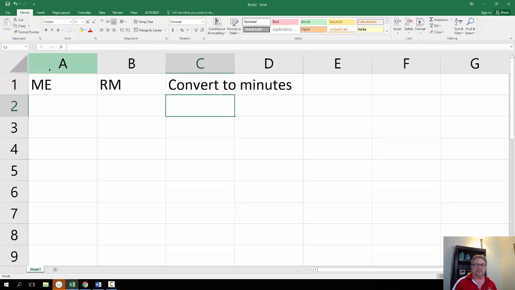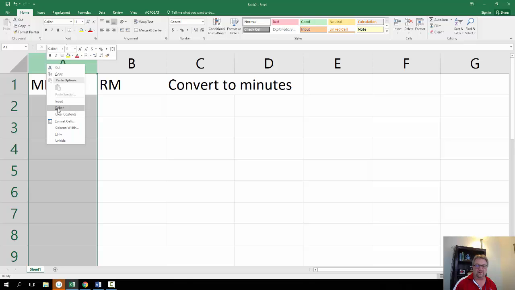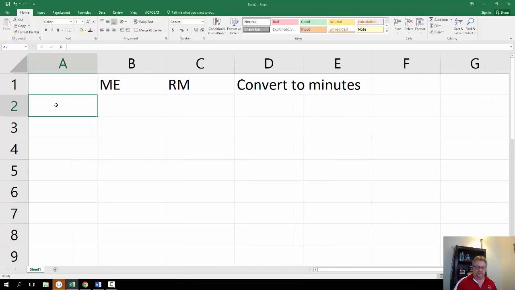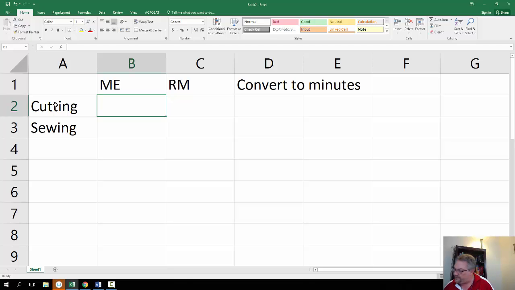So I'll insert a row, and this would be my cutting time, and then sewing. Since I'm going to keep everything in minutes, my Mount Everest is 30, Rocky Mountain is 20 minutes of cutting.